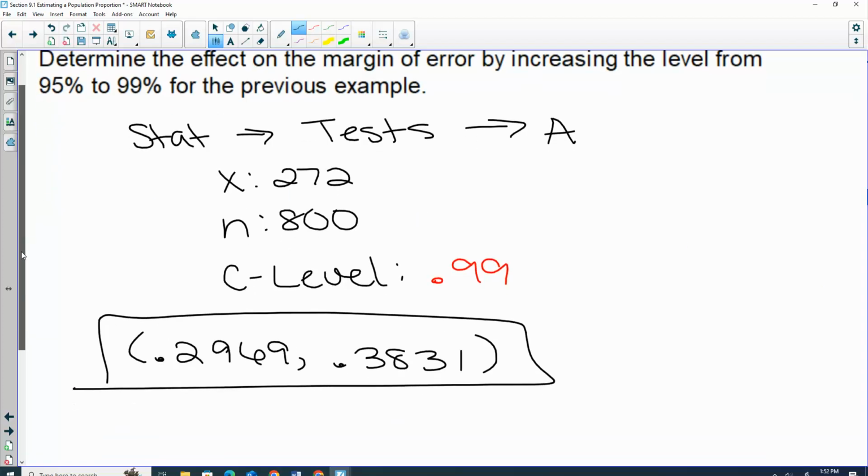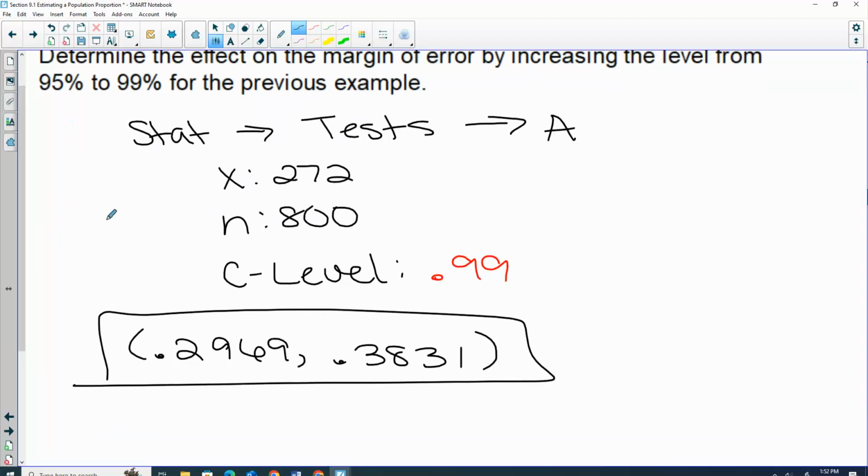So how does this interval compare to our original one? It's wider, isn't it? My lower number is smaller, my upper number is bigger, so this is a wider interval, which means it increased the error.